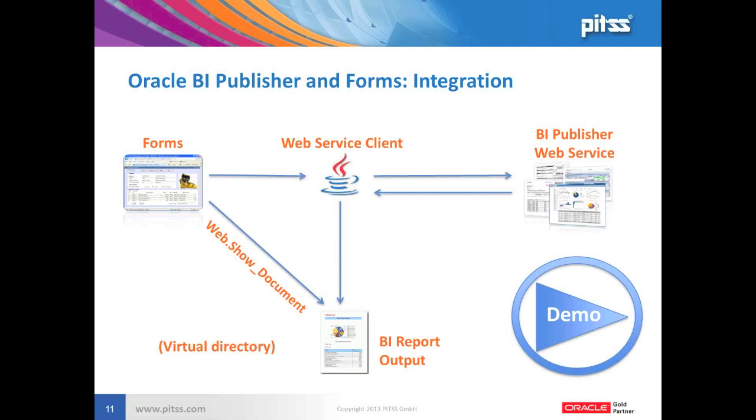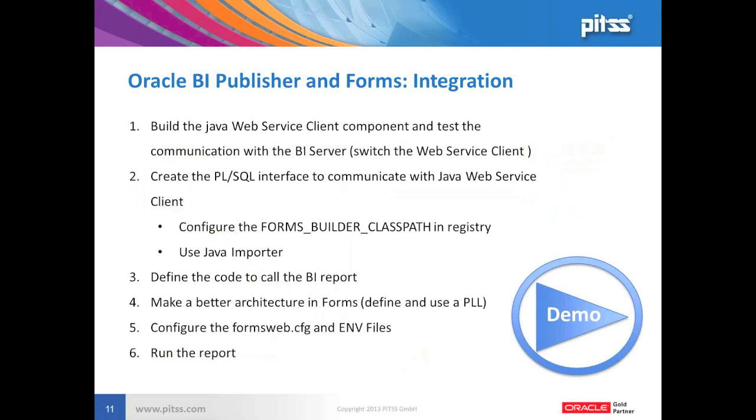Before we start the demo, we need to set a scenario, and it's better to know from the very beginning what we are going to do in our demo. The first step is to build this Java web service client component.